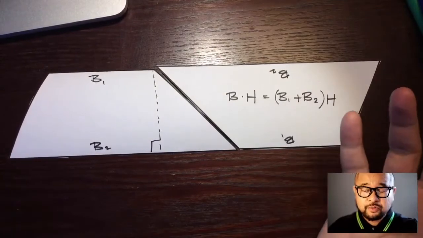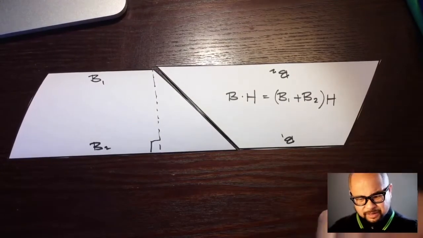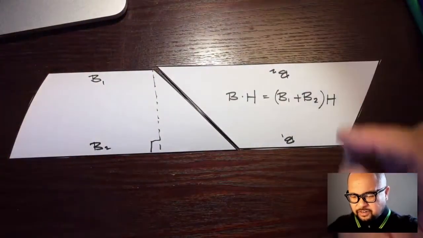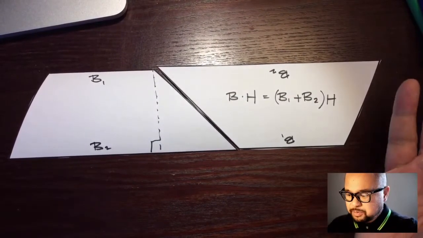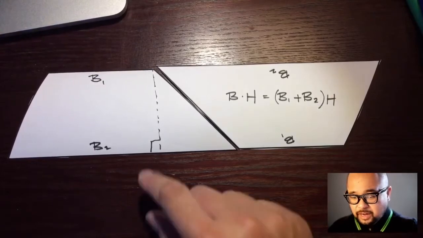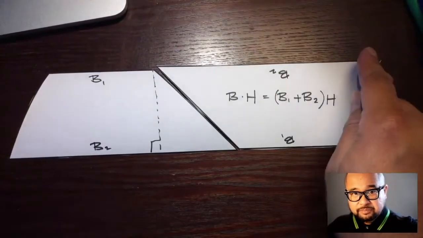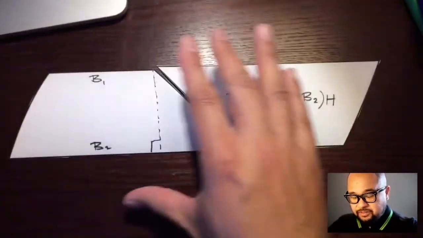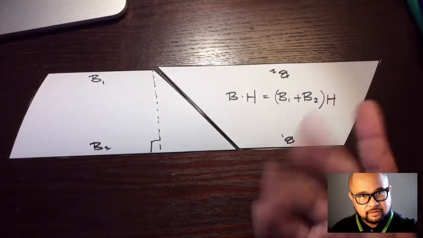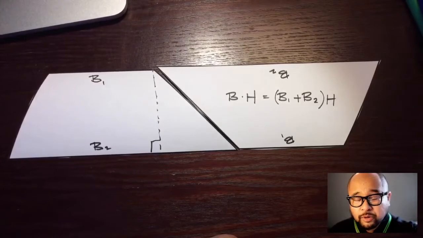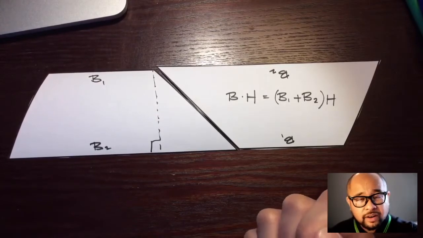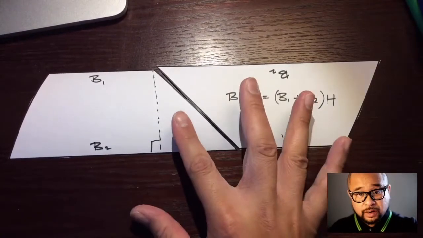Okay? If you need to rewind that, go ahead, rewind it. But just quickly, the area of any parallelogram is base times height. Specifically for this parallelogram, our base is B1 plus B2, times the height, will give us the area of this entire parallelogram. That's how many squares would fit inside. However, we only want to find the area of one of these trapezoids.